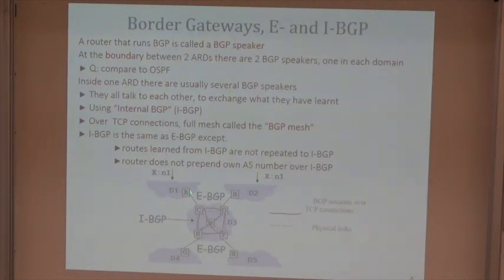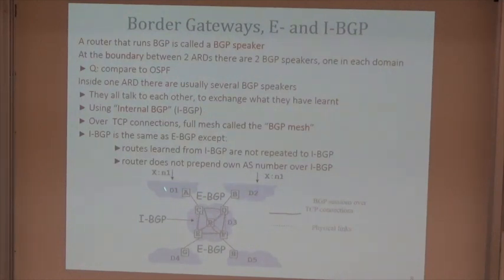BGP is a system for interconnecting domains, and it works by having one BGP router at every side of the boundary between domains.